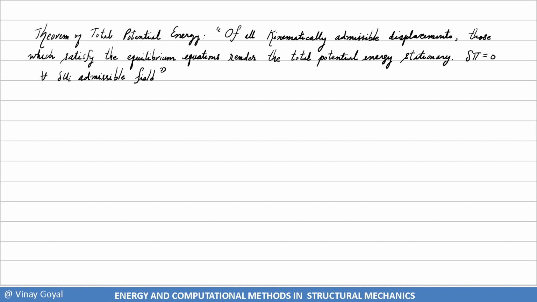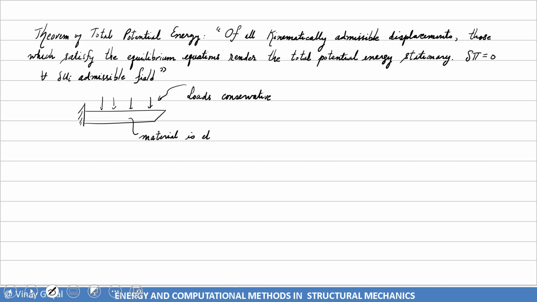What is this? Let me write down exactly what this means. If I have a beam, a strange looking beam, and I apply loads to this beam, and these loads are conservative, and the material is elastic, it can be nonlinear, it just needs to be elastic, meaning I apply a load, and when you remove the load, it goes back.